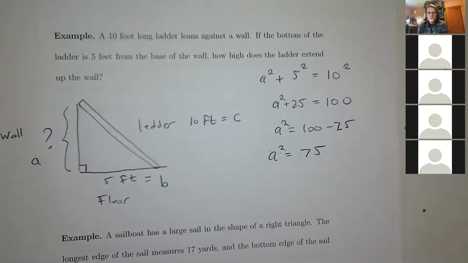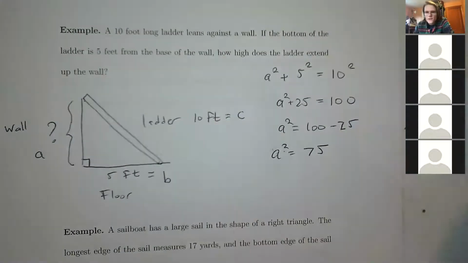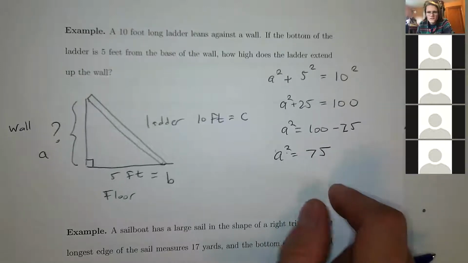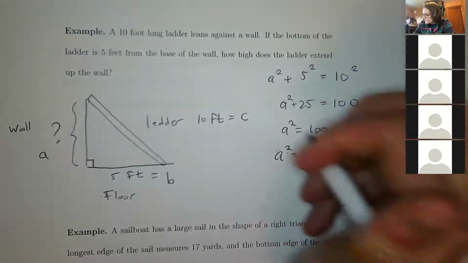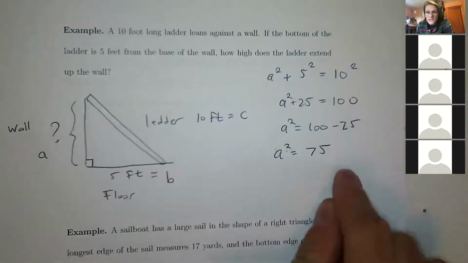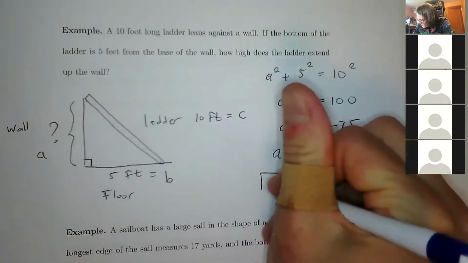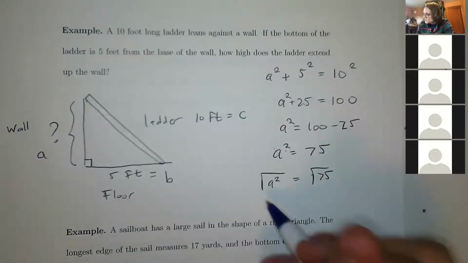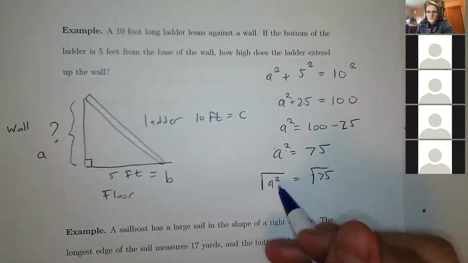And so I haven't showed you, I should note, when you take a radical, what you're really doing is taking a square root of both sides, right? I don't know if that's clear. So what we're saying is, if A squared equals 75, then the square root of A squared equals the square root of 75. But the square root and the square cancel.